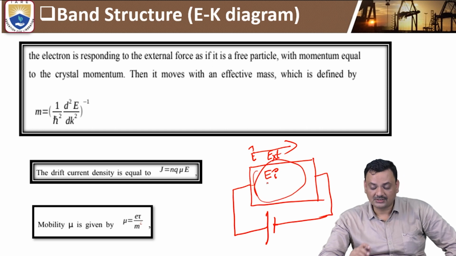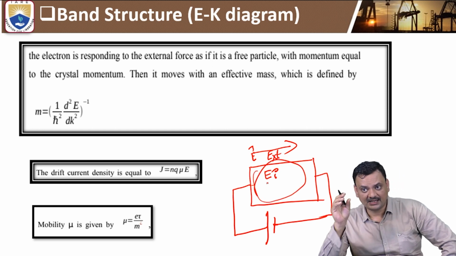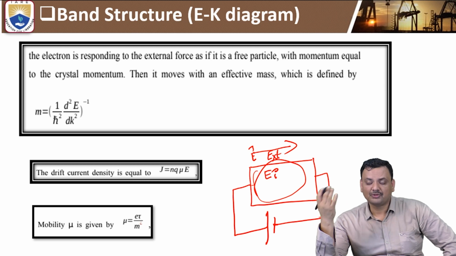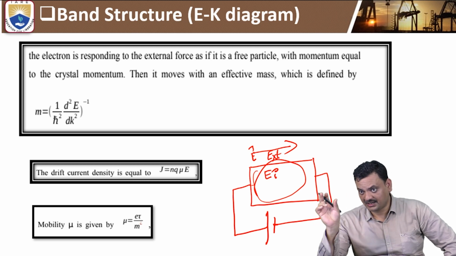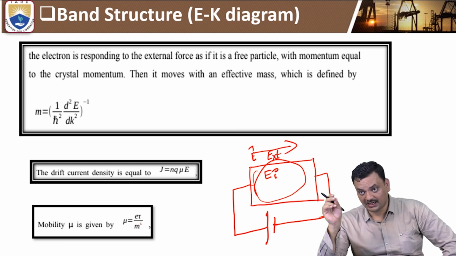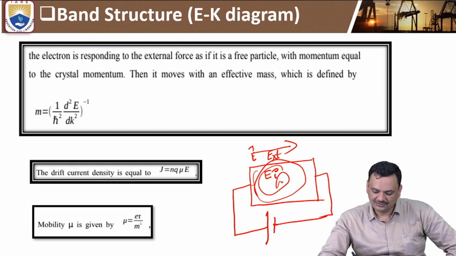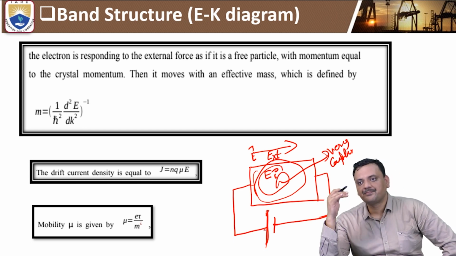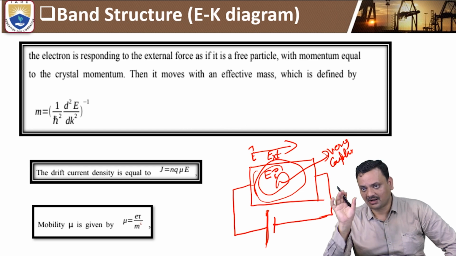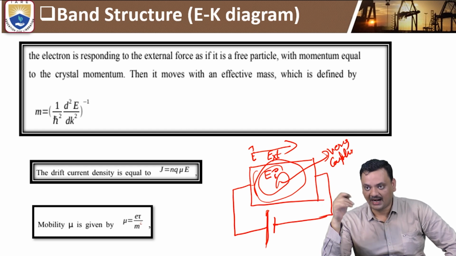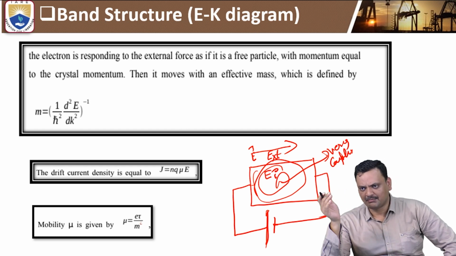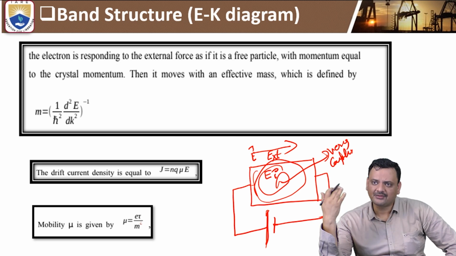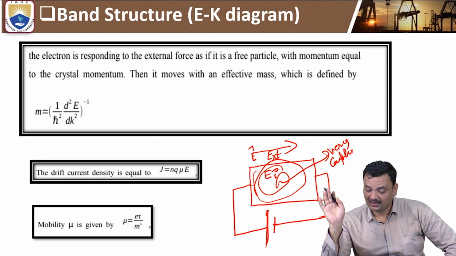The charges available inside the crystal also produce an electric field, known as the internal electric field, and its behavior is very complex. But when you connect the terminals of this specimen to a battery by any biasing, you are applying an external electric field.